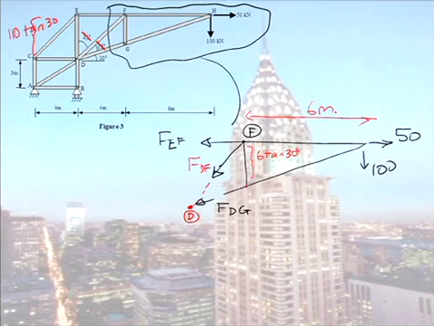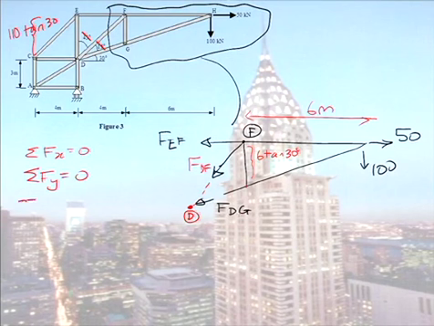Now when you take the forces in the y, you have 3 equations once again you can use. Forces in the x direction won't give me anything directly. It'll give me an equation with 3 unknowns in it. Forces in the y direction won't give me anything directly either.